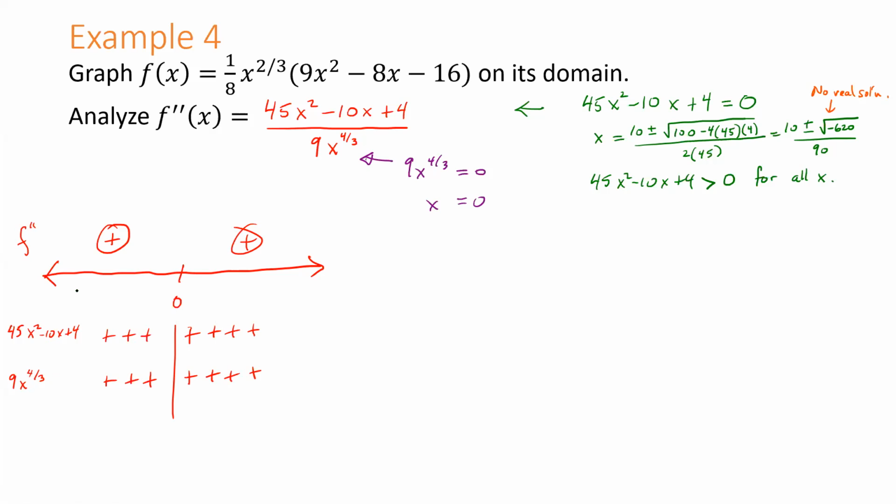So that tells us that the graph is always concave up on every interval here. So you see it's never concave down, and because it doesn't change sign anywhere, there's no inflection point.